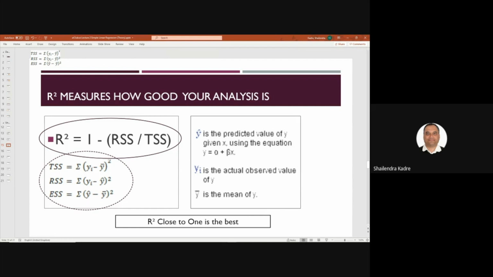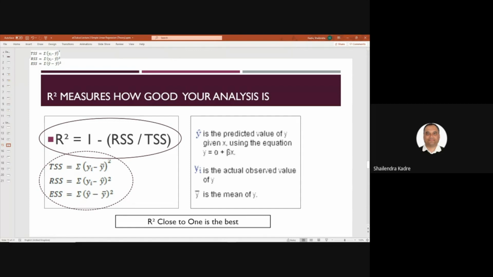But mean squared error I can compare only within that data set: for that data set only, I can compare model 1, model 2, model 3. But if I use R square, I can compare for any data set and say which model is good and which model is bad. So this is nothing but a simple percentage kind of measure.